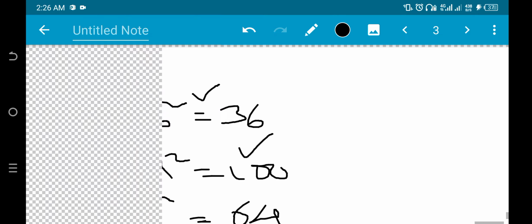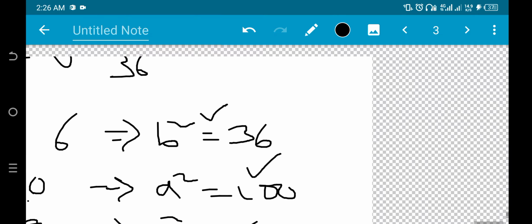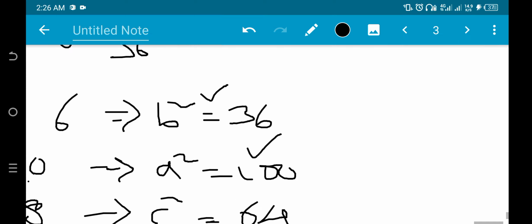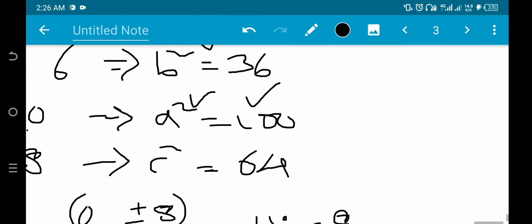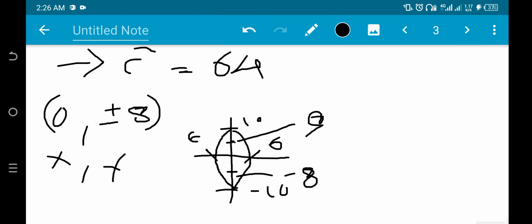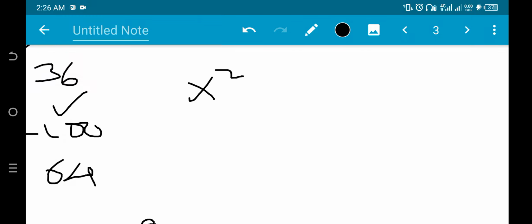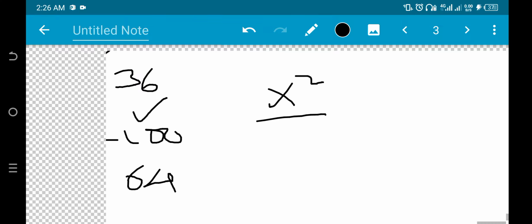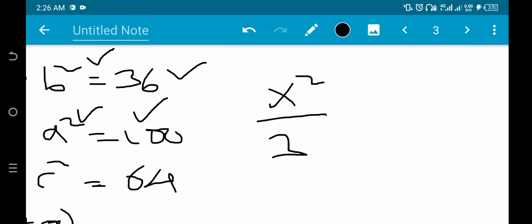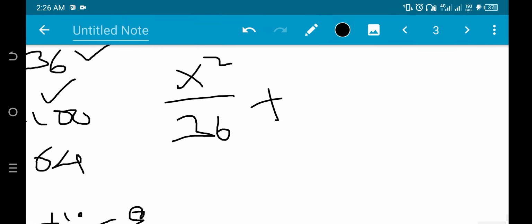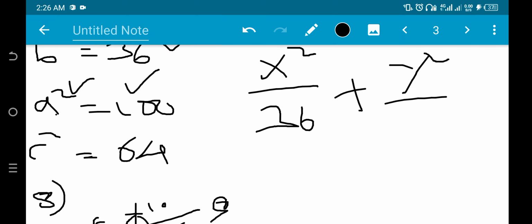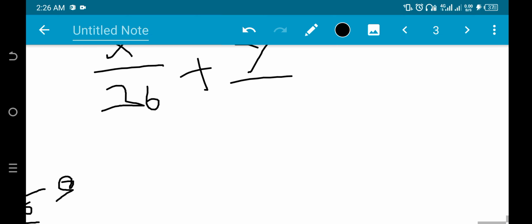So then for the equation we just need a squared, and we know a squared was along the y. So our equation will look something like this. x squared, for x is the minor axis, so it is for b, 36, plus y squared divided by a squared, and a squared is 100, equal to 1.